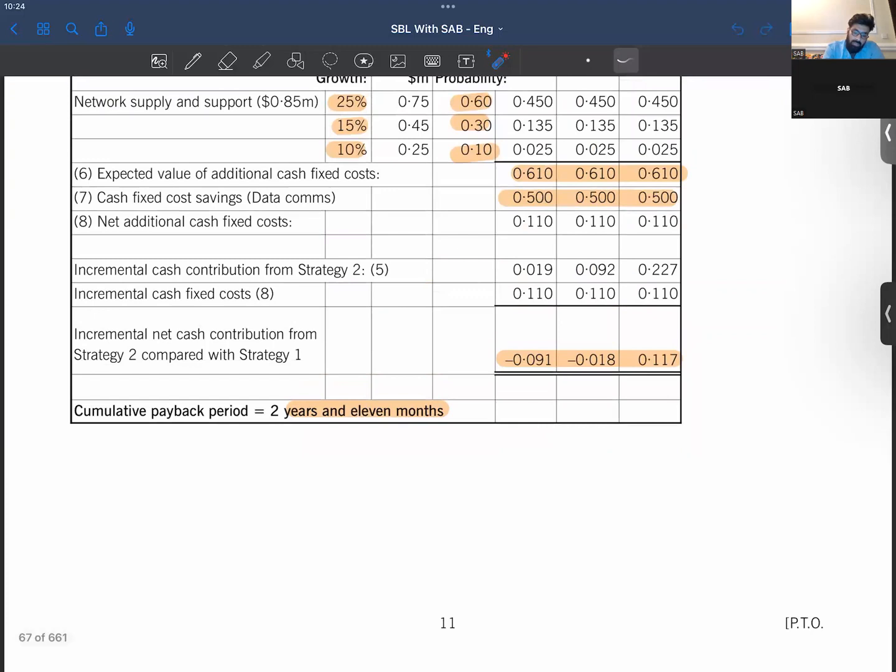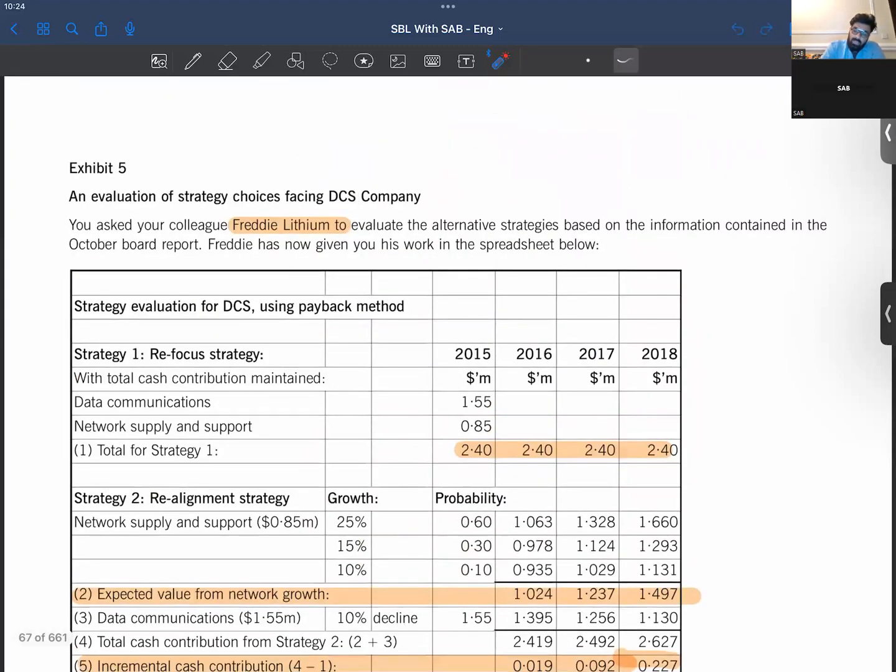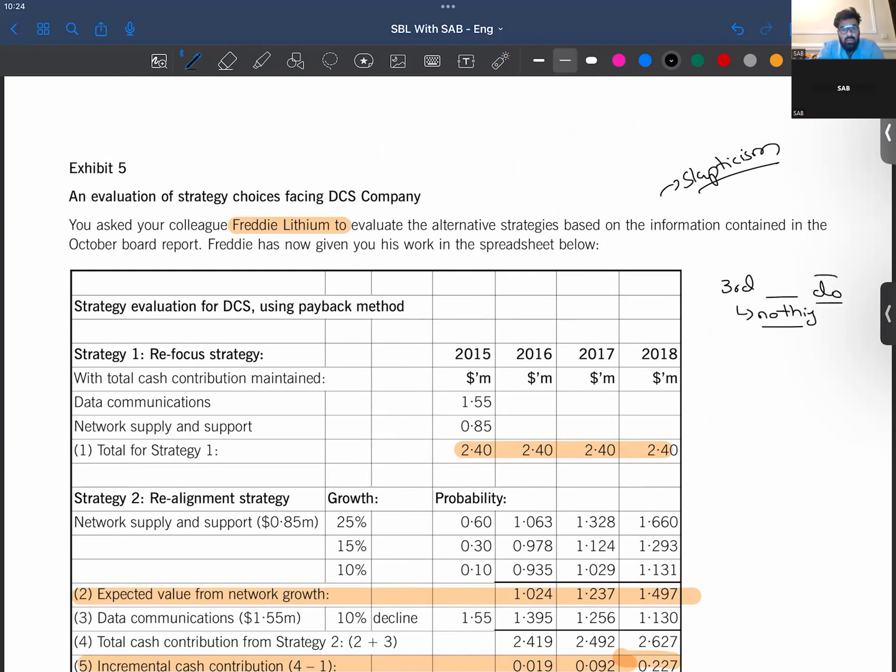See here, you have to apply skepticism, right? You have to challenge them. You have to ask them why they didn't consider any third strategy, just like the do nothing strategy. Ask them why they didn't consider that. Where did they get these probabilities from?